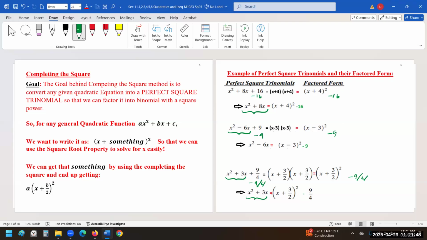So we are always subtracting the square of the exact amount we have here, right? Also notice that this number is exactly half of our beta. 4 is half of 8. Also here we have 3, and 3 is half of 6. And here we have 3 halves, and 3 halves is half of 3, right?